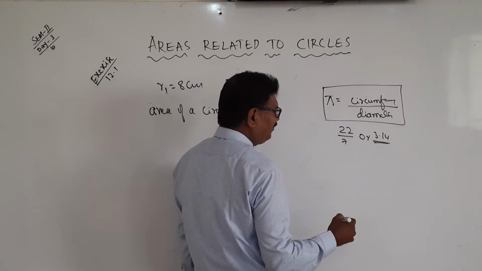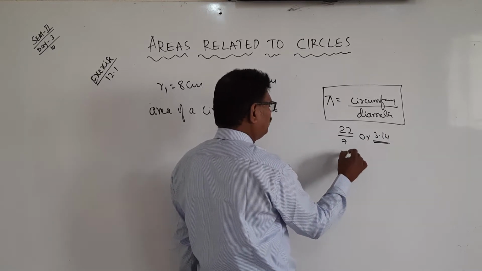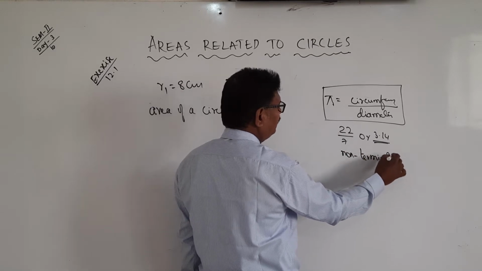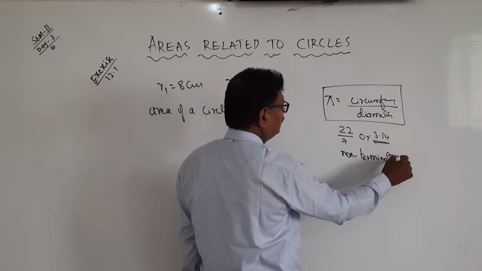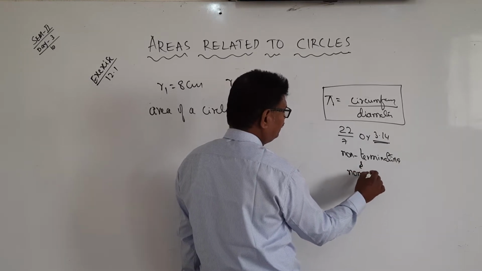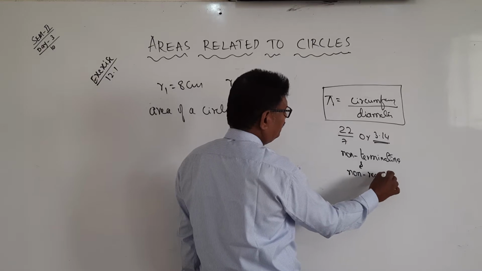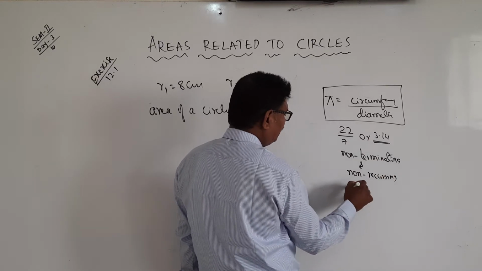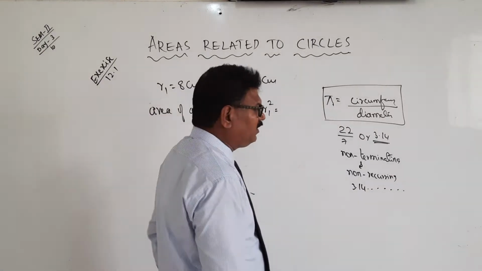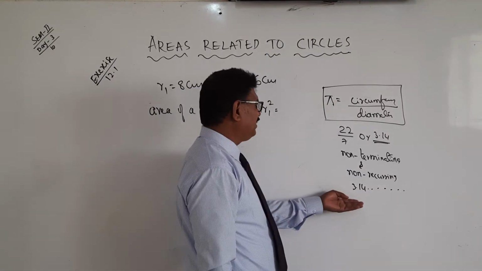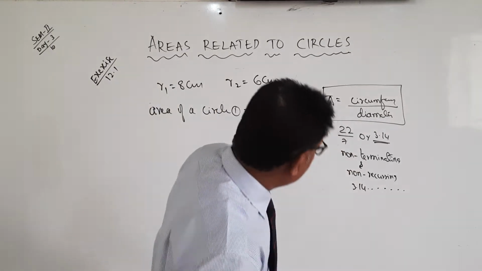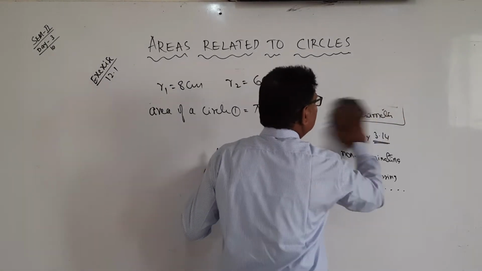But in 9th standard we studied that it is non-terminating and non-recurring. Ramanujan has given the value as 3.14 like this only. Now understood?